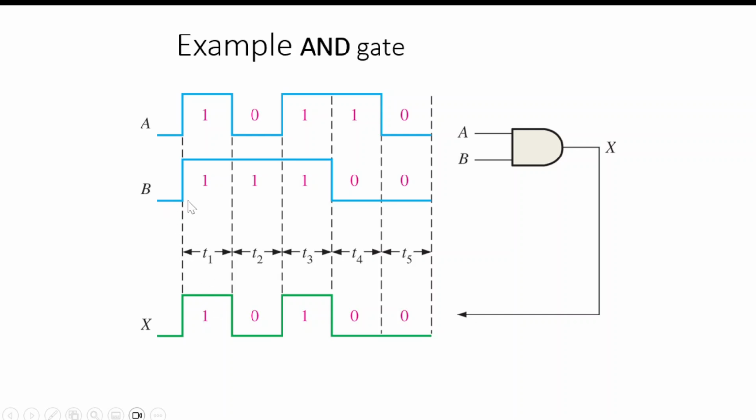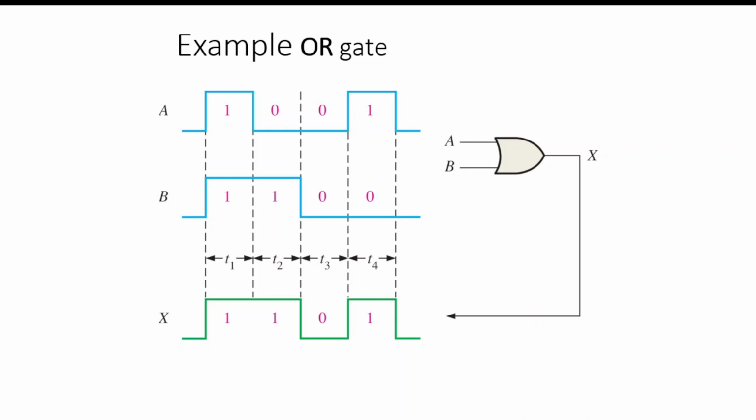The way that the signals are shown is a low would be down here and a high would be up here. And they are three separate lines of signals. Two are input and one is an output. That would be X over here. So we can see at any given time reference that we should be able to tell what the output would be of the AND gate.